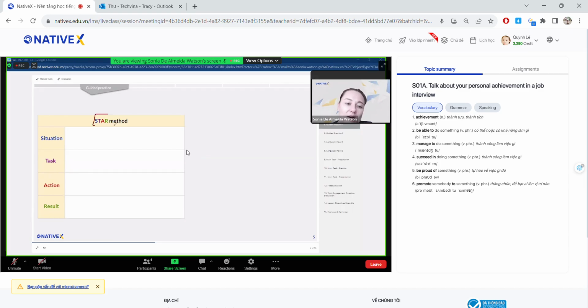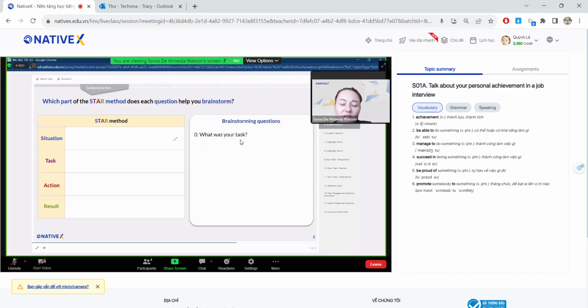Now, STAR stands for, each letter stands for a different part. The S is for situation, T is task, A action, R result. Now, let's have a look at some of these questions over here and let's try and see which questions can help us with each part of our STAR method.